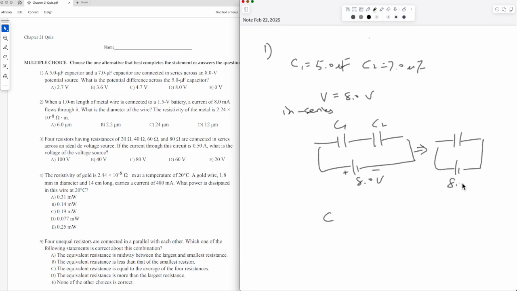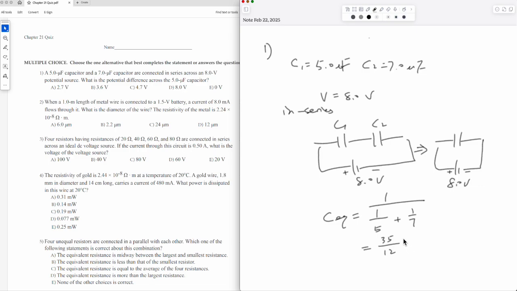Okay, so 8.0 volts. What is the equivalent capacitance equal to? Okay, so here is 1 over 5 plus 1 over 7. Okay, so this is 35 over 12.